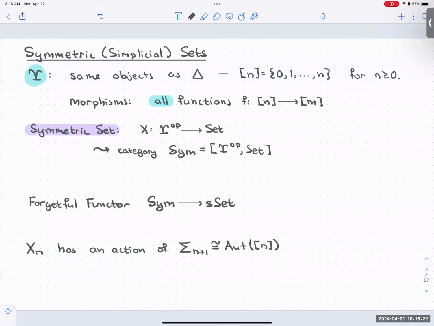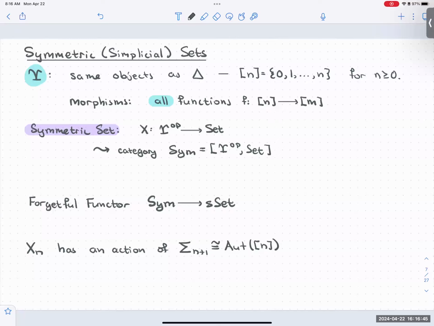But morphisms here, instead of being order preserving functions, I'm just going to take all functions. Right, so this is some kind of enlargement of delta. It's certainly equivalent to the category of non-empty finite sets. It's a skeleton of that.